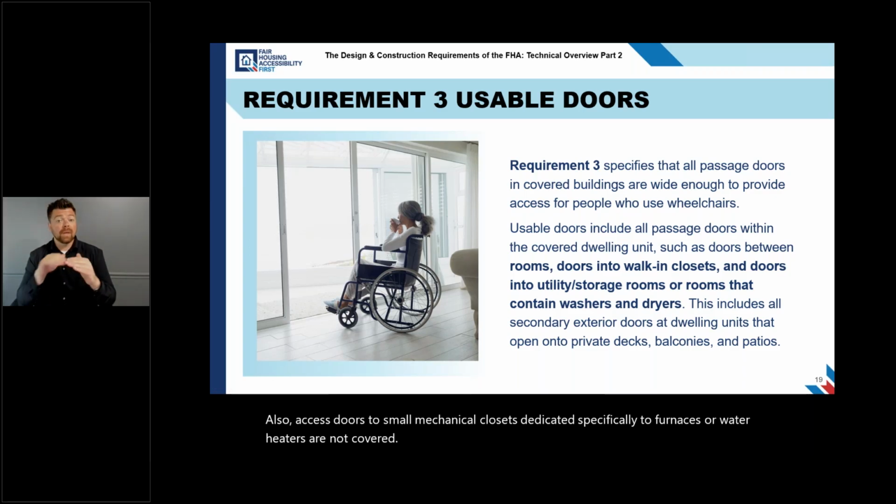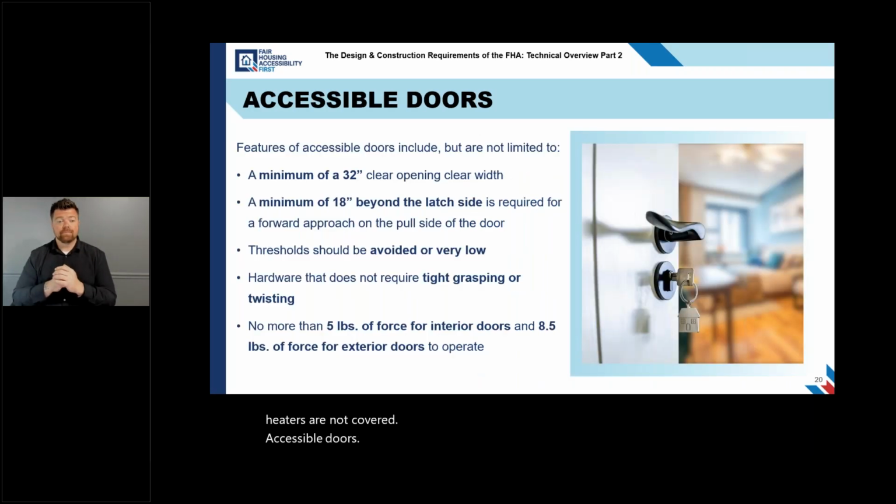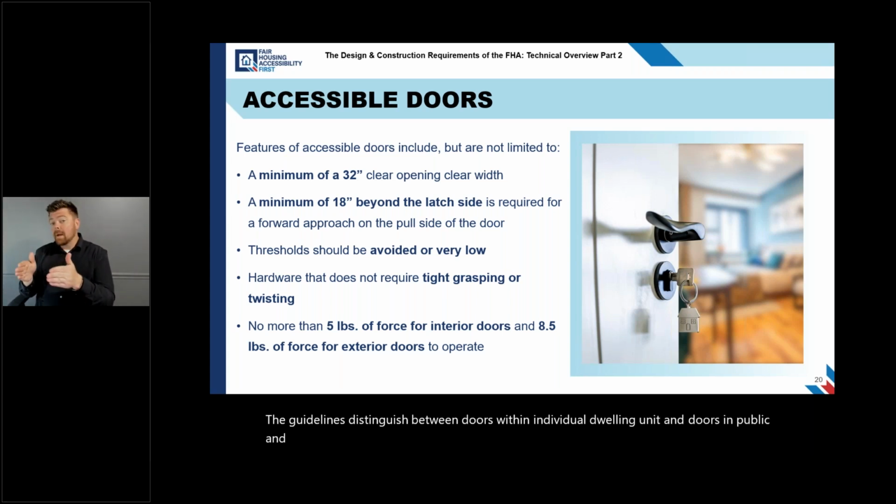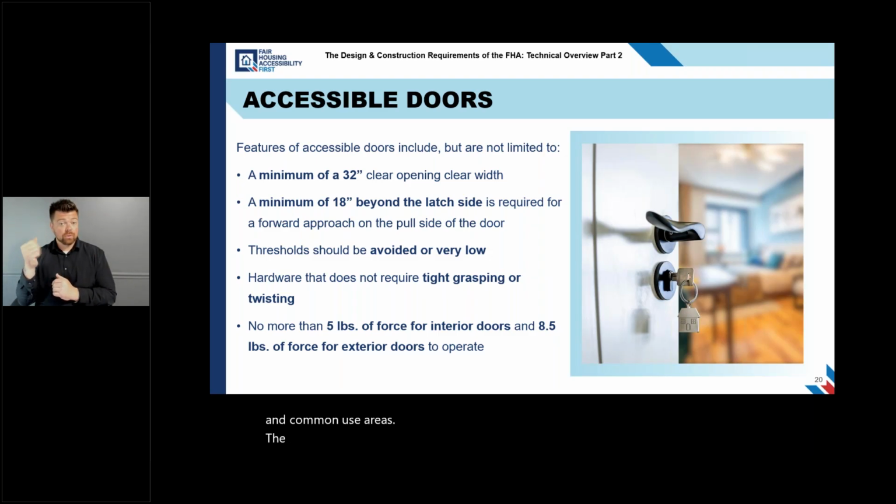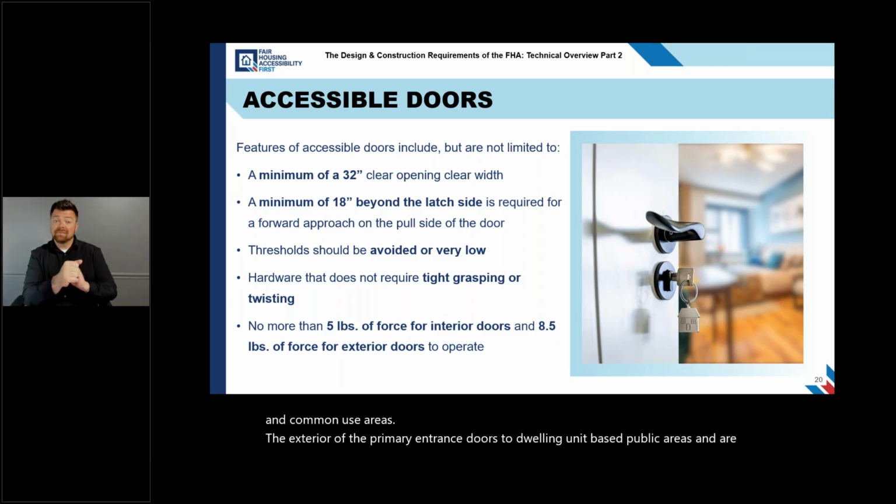Accessible doors. The guidelines distinguish between doors within individual dwelling units and doors in public and common use areas. The exterior of the primary entrance doors to dwelling units face public areas and are considered accessible doors.